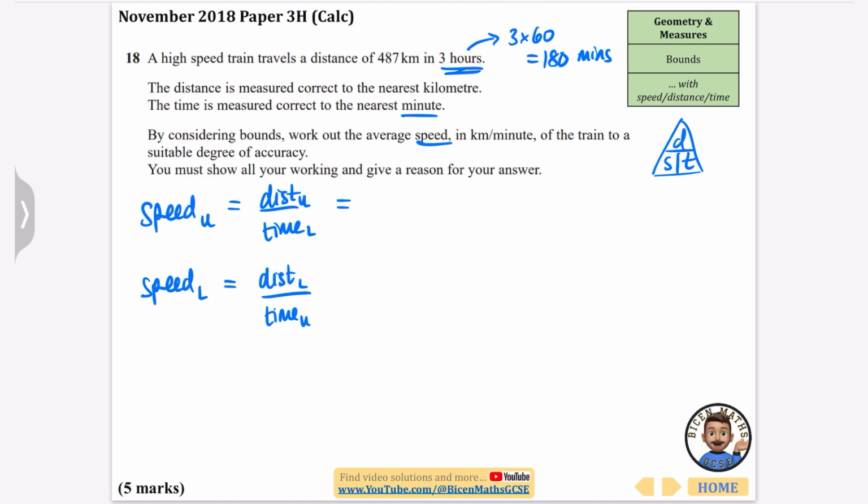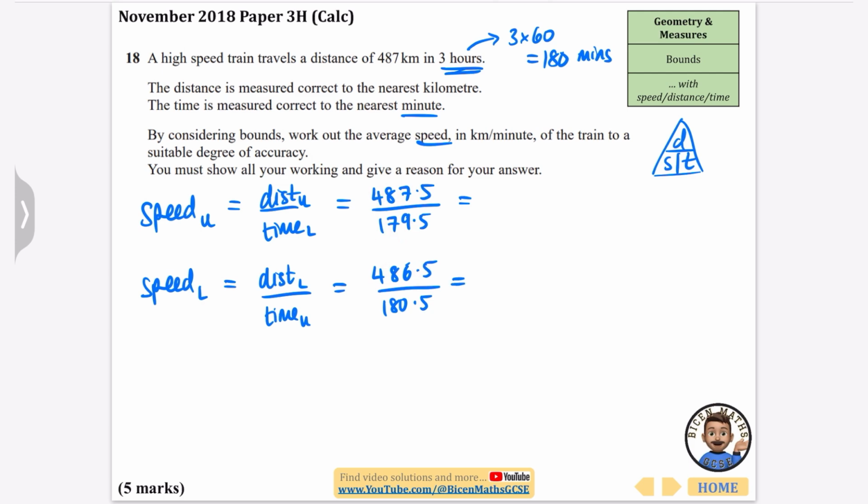So the distance upper, if it's to the nearest kilometre, is going to be 487.5, and the time lower to the nearest minute would be 179.5. The distance lower would be 486.5, and the time upper would be 180.5. Now, they do want it in kilometres per minute, and this is in kilometres and this is in minutes.